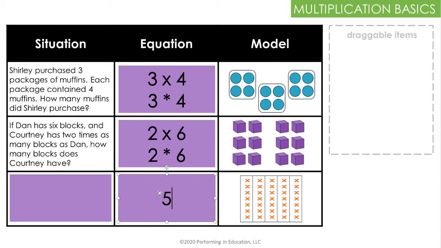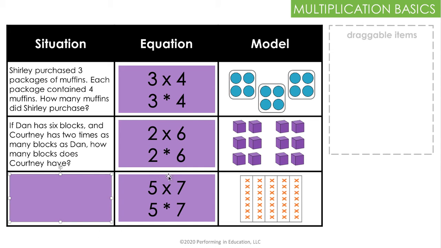Our number sentence or our equation will be 5 times 7, or 5 times 7, like that. If we counted them all up, or count by 5 7 times, we will find out that this is 35 x's altogether. 35 x's.